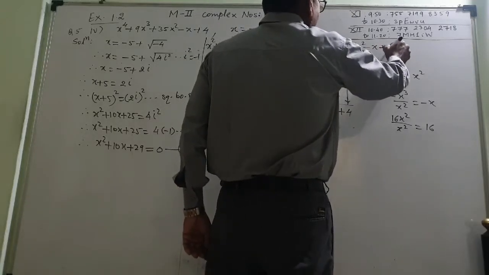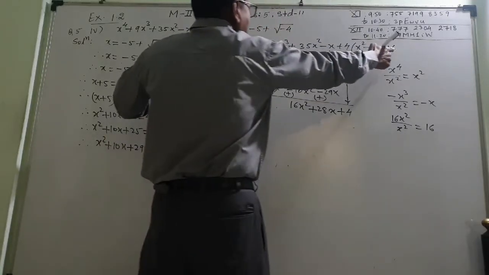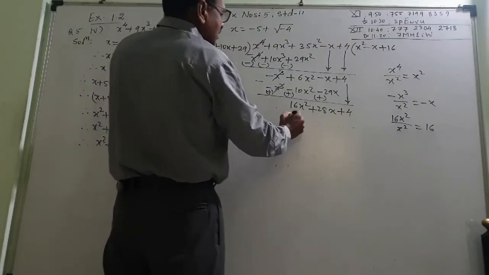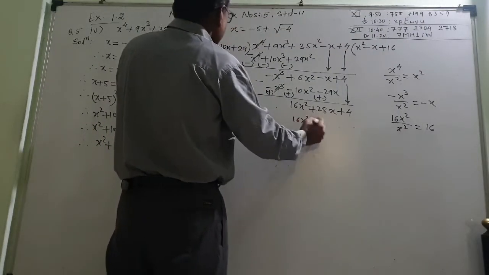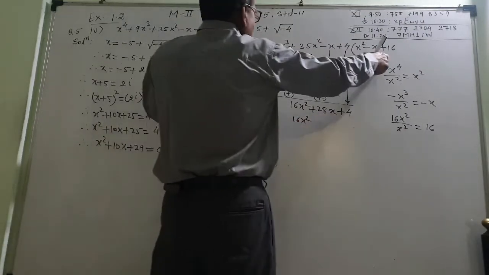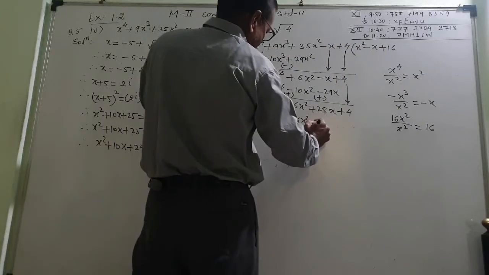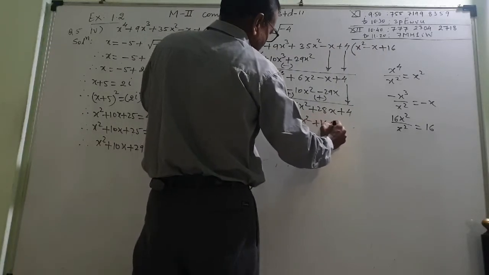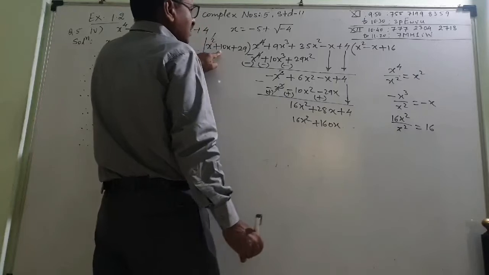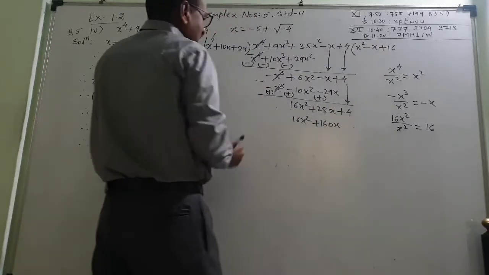So plus 16. Now by this 16 I will multiply: 16x square, plus 16 into 10 is 160 x, and plus 16 into 29.